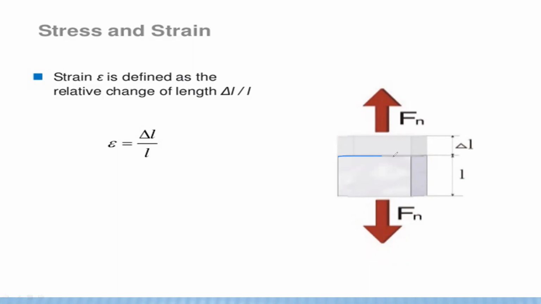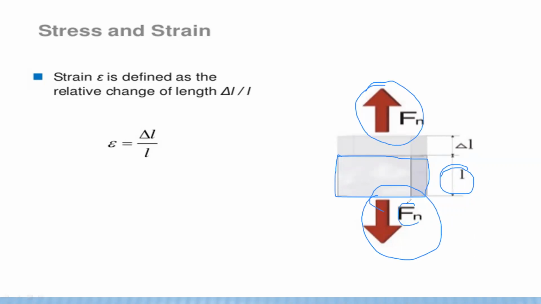You can see the original length of the body, that is L. We are applying tensile forces, that is F, on that body. The body is deformed, and the length of the body is changed.